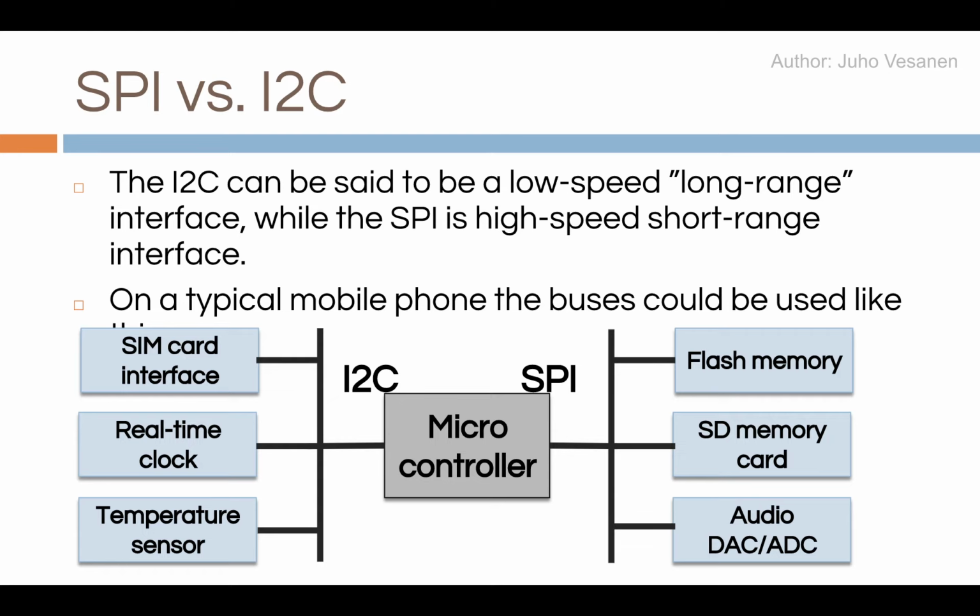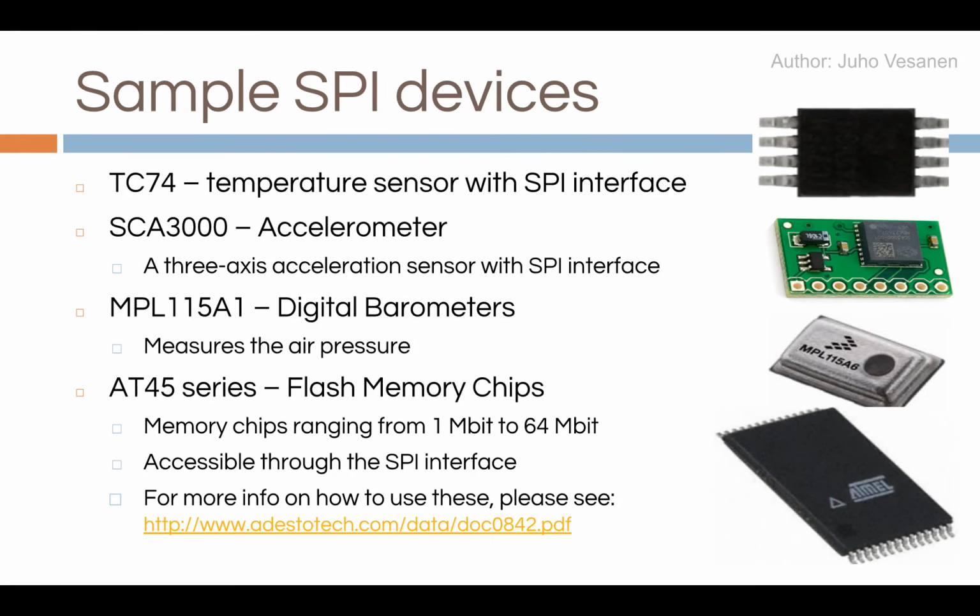On SPI: memory, audio, communication devices, that kind of stuff. SPI, okay, the TC74 is the same as we have on I2C. It actually also has an SPI interface, but in the exercise you will be using that device with the I2C bus.